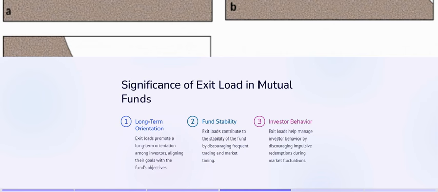If the exit load time duration is more, the stability of the fund will be more. Depending on the fund manager, they will keep different kinds of time frames for the mutual funds as per their ability to improve profits for the fund.